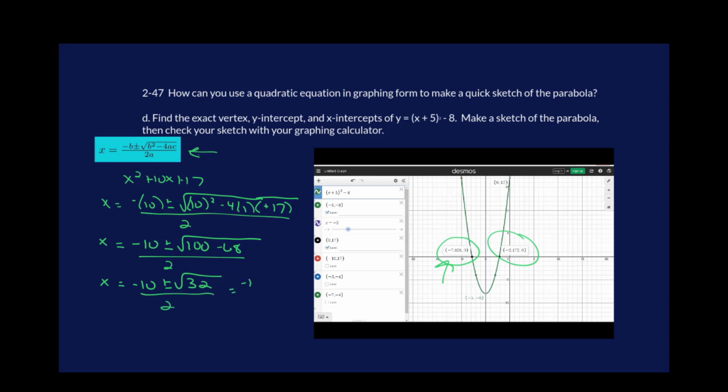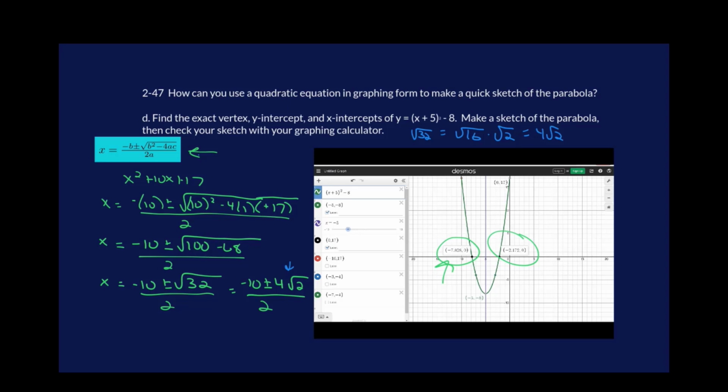And that goes to -10 plus or minus 4 root 2 over 2. Because the square root of 32, let me take this up here for those who struggle with that, is the same as the square root of 16 times the square root of 2, which equals 4 times root 2, which is what we have on our equation right here.